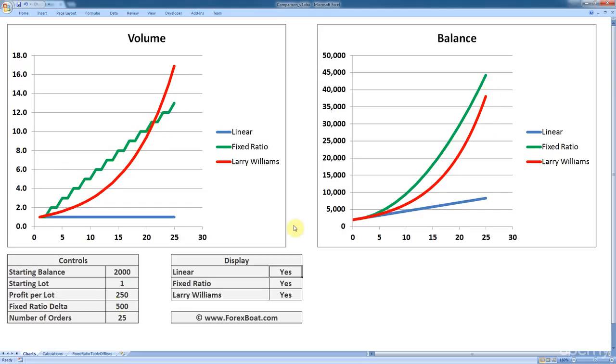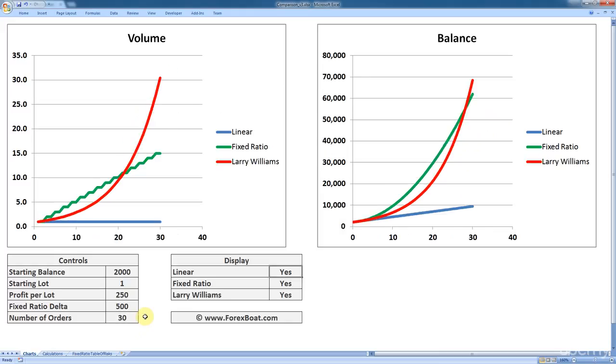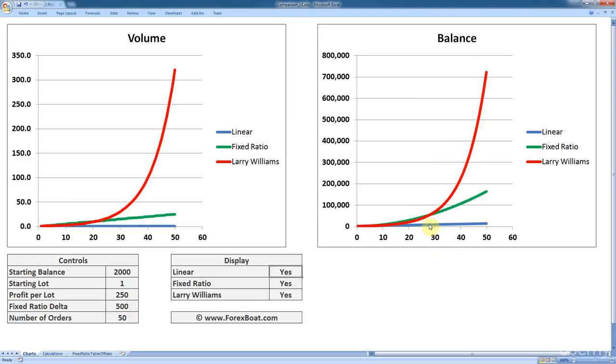It's not there in profit yet, but if we go to 30, for example, you can see how they're crossing here and how the Larry-Williams method is shooting out again. So if we go to 50, once again, the Larry-Williams method has dwarfed the fixed ratio method. And this stands to show that the Larry-Williams method has incredible potential. It can skyrocket your balance, like literally skyrocket your balance.